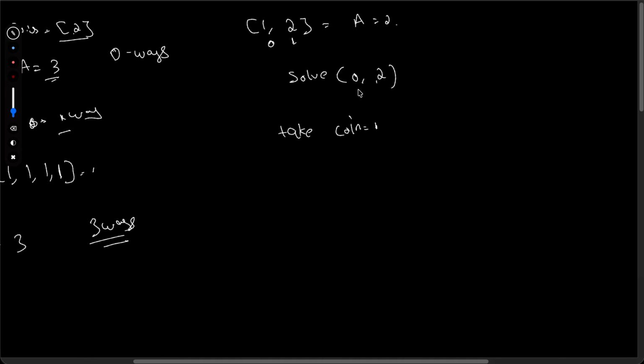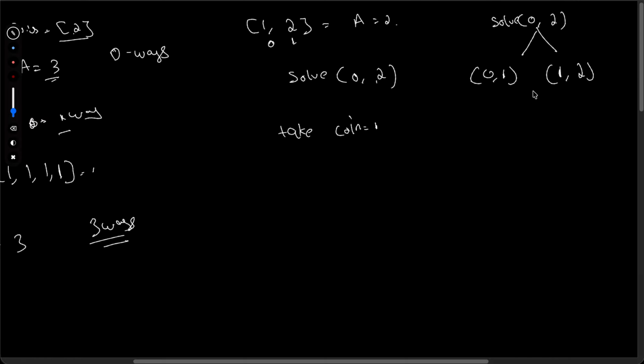We stay on the same coin index, so solve of 0 comma 1. The other choice is to skip coin 1 and move to the next coin, index 1, where the coin is 2, and the amount stays the same.